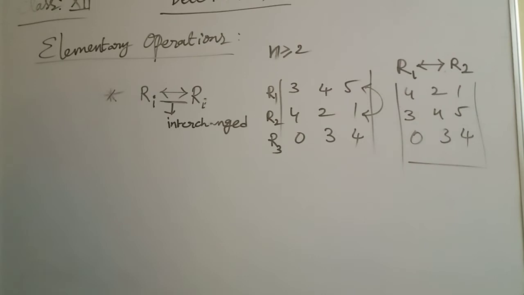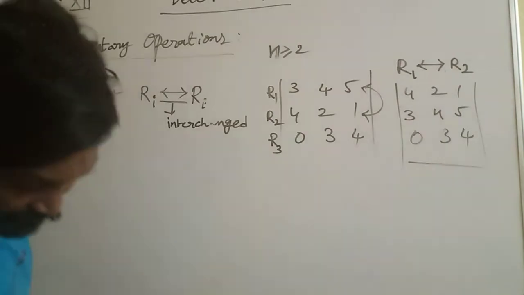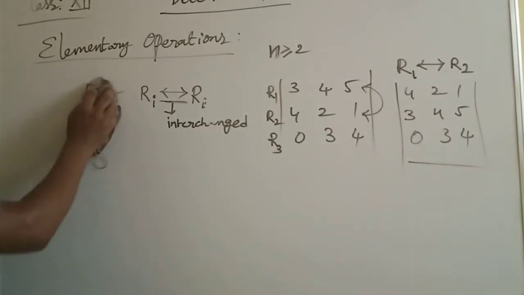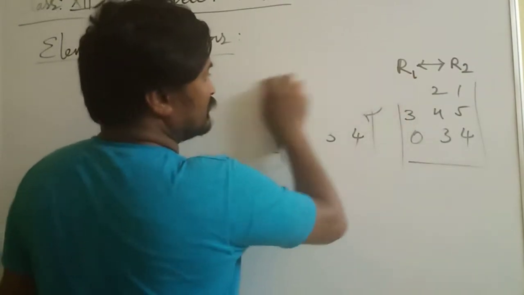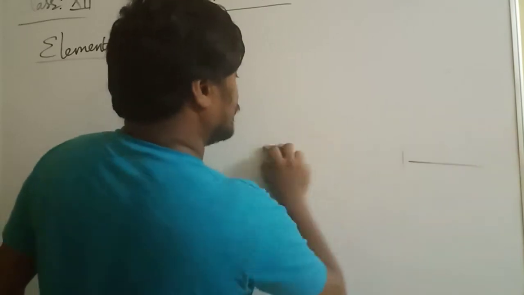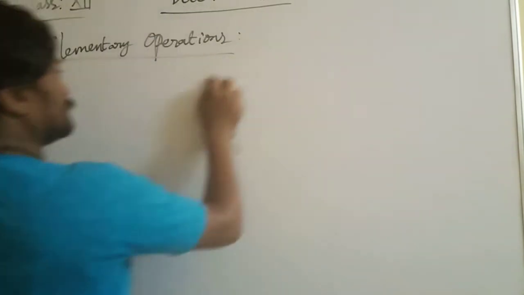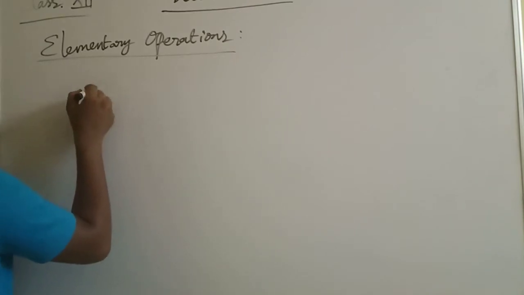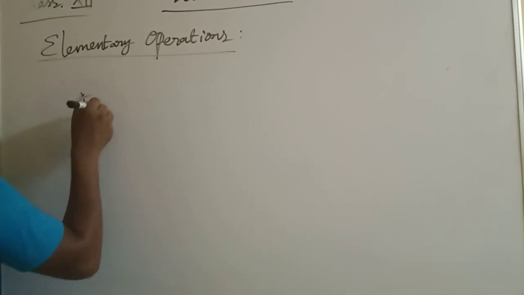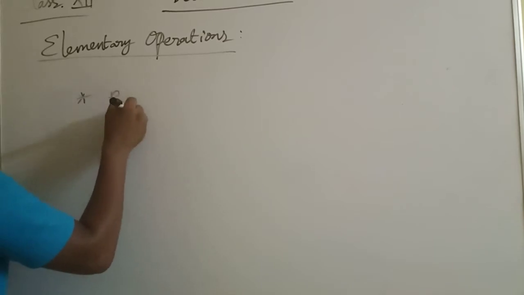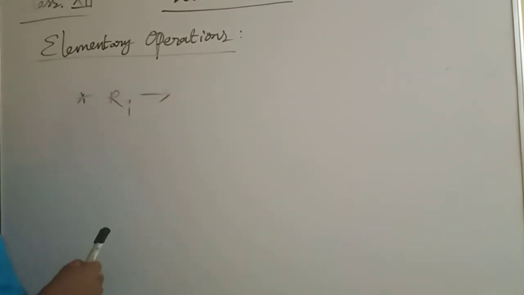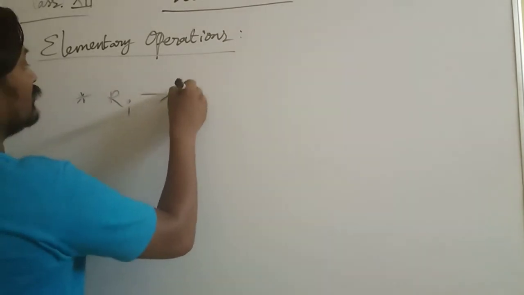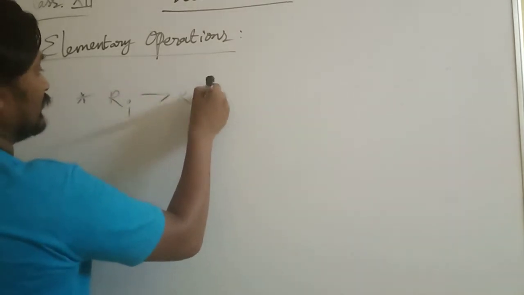Now let's move on to elementary operation number 2. How, sir, is it going to be? This elementary operation number 2 is also the same, but here a little change is there. For example, Ri tends to K into Ri.